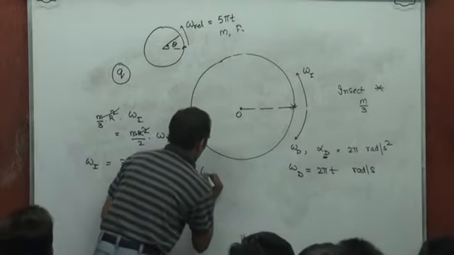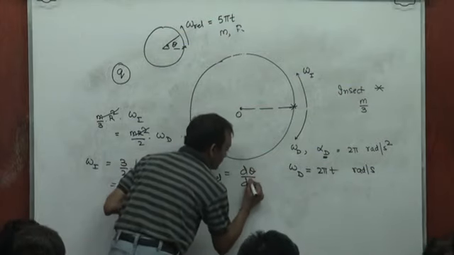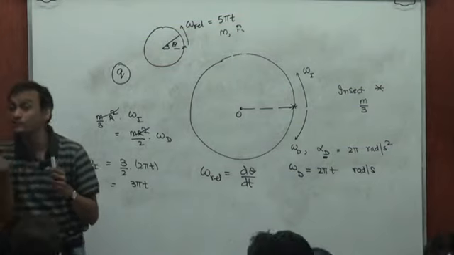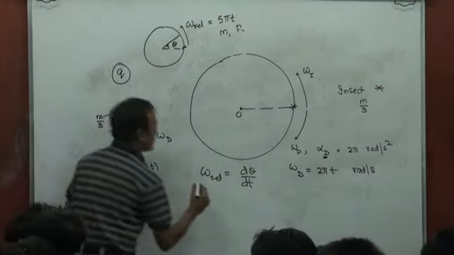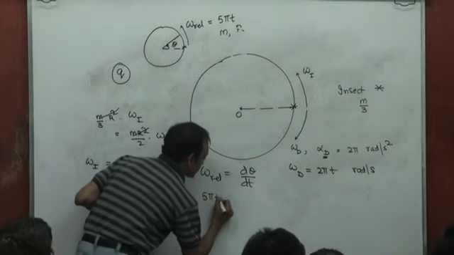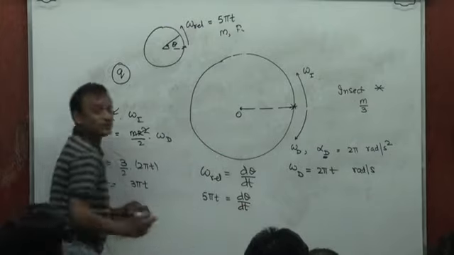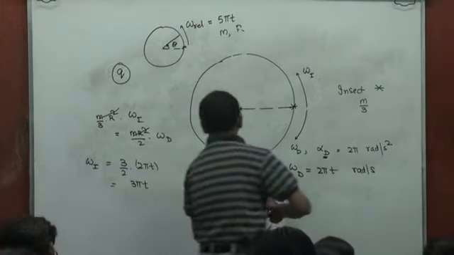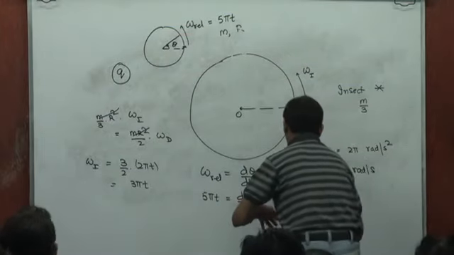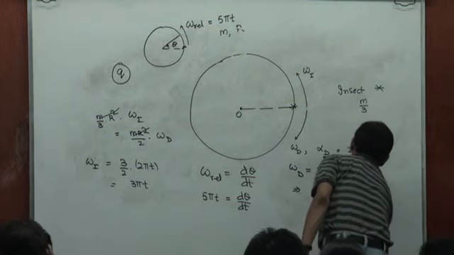So then can I say omega rel must be d theta dt, where theta is the relative angular displacement with respect to the disk of the insect, right? Which gives me 5 pi t equals d theta dt. And when I integrate, theta is 0 at time t equal to 0. When I integrate, I end up getting theta equal to 5 pi t squared by 2.